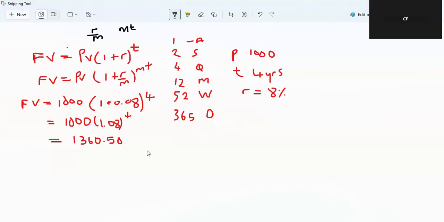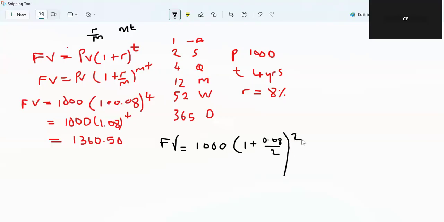So what is the future value if compounded semi-annually? The 8% will be divided by what? By 2.